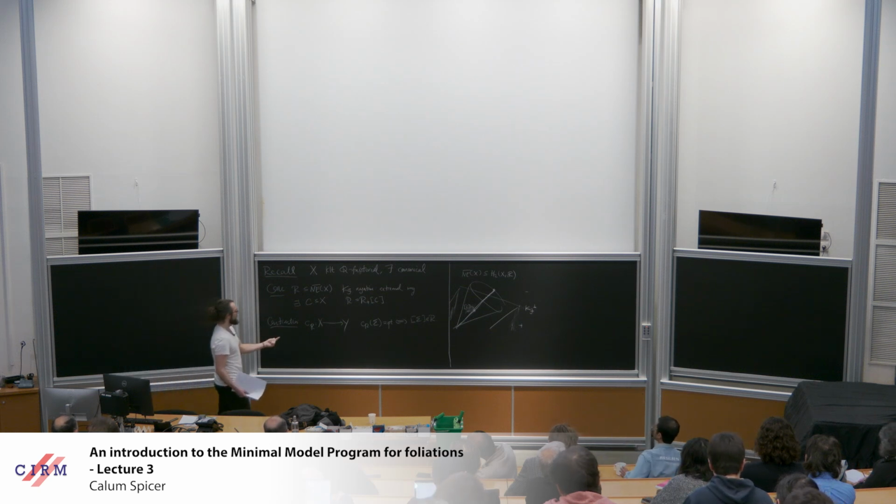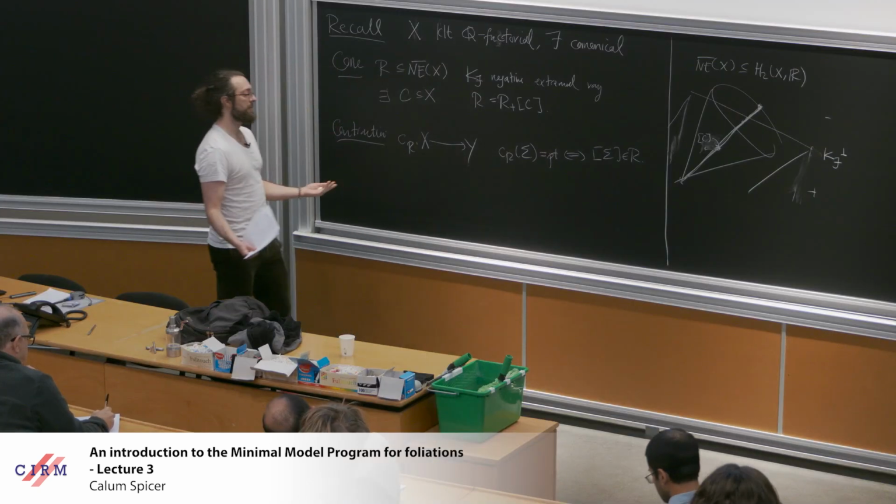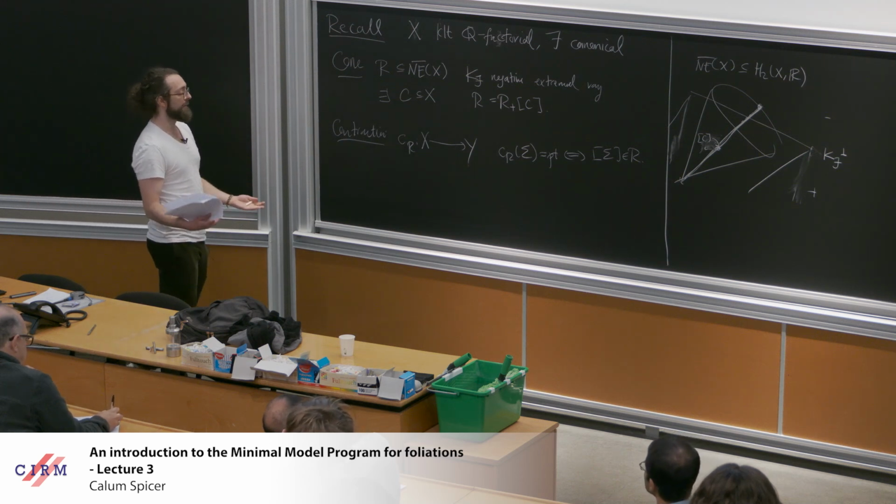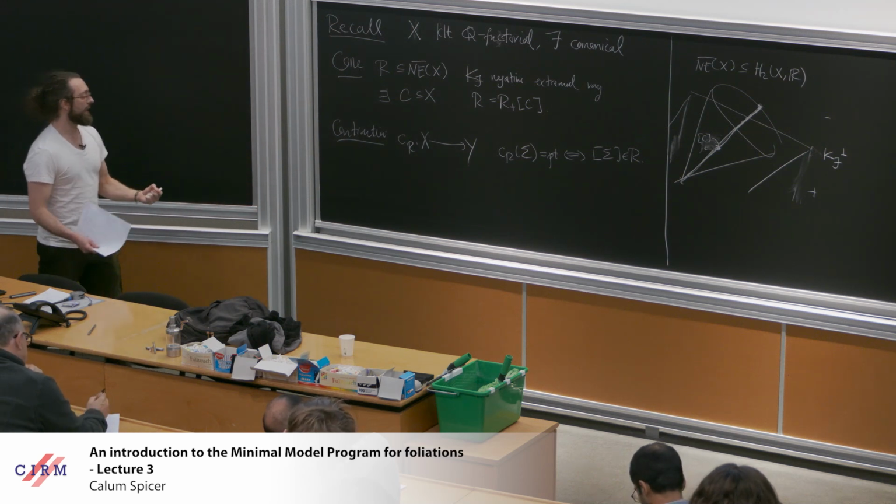Either this was a fibration, in which case we would stop. It could be a divisorial contraction, which is not such a big deal. Or it could have been a small contraction.